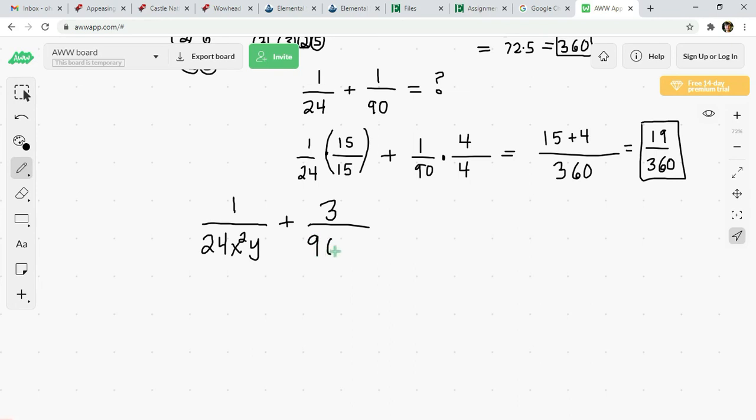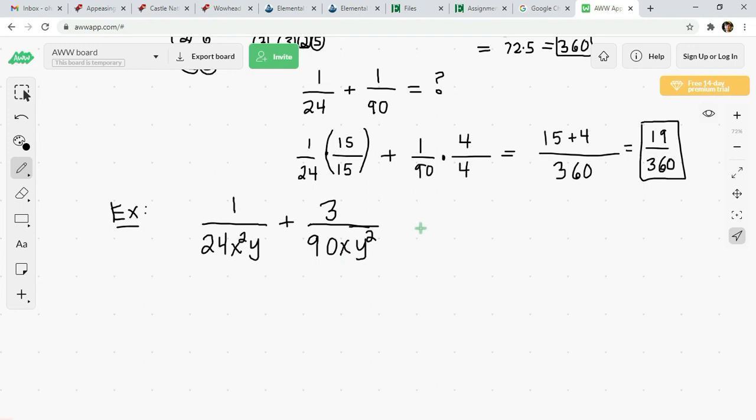We'll just keep the same, so that way we know the LCM is 360 still. And then let's change these variables. Let's make this one xy squared. Okay. So this is our example. We want to add these two together and write it as a single fraction.